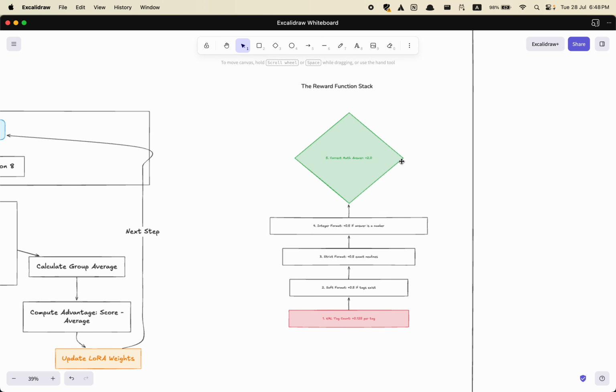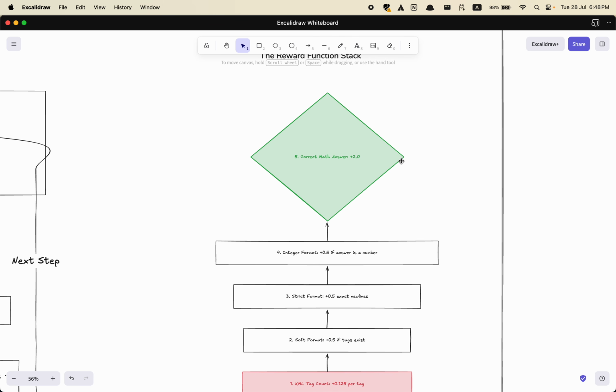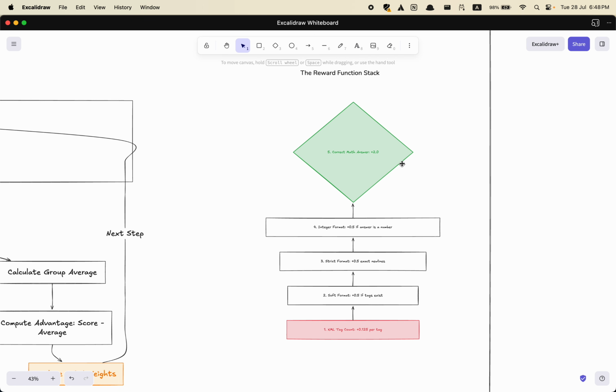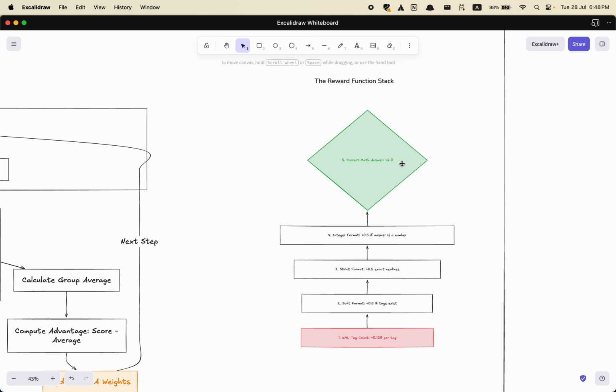Then, quickly, understanding that reward stack and how things work. With the reward function, we're essentially teaching it how to think. Early in the training, you can imagine the model doesn't know how to do any maths whatsoever, so it's getting every question wrong.